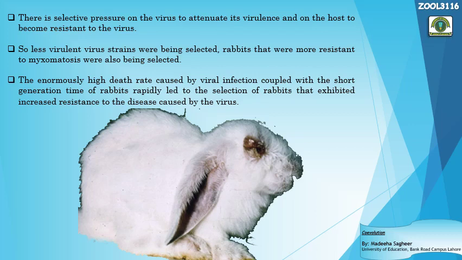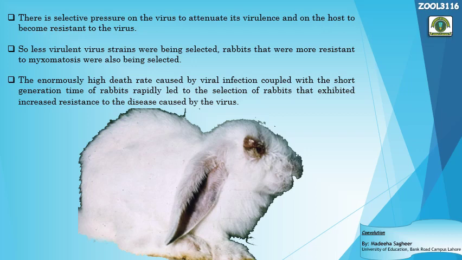What happened right after the exposure to the Myxoma viruses is that there was a very high mortality rate in the rabbit population after the first exposure to the virus. This huge death rate is because of their very short generation time. Rabbits have a very short generation time, and the Myxoma virus then got the opportunity to transfer to their offspring as well.